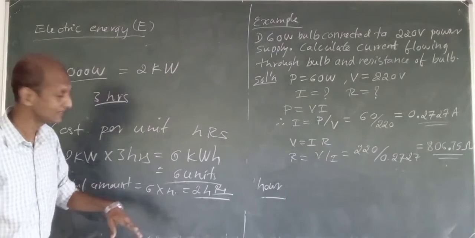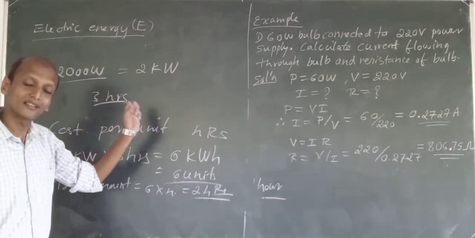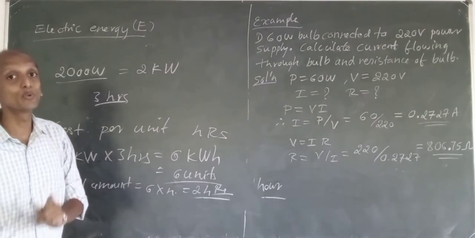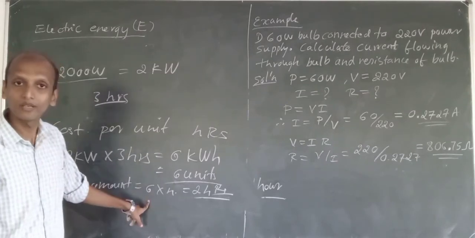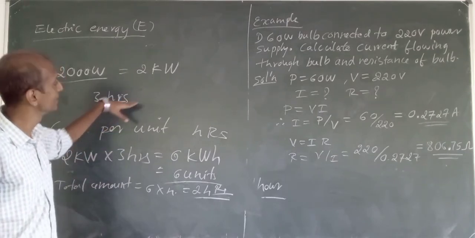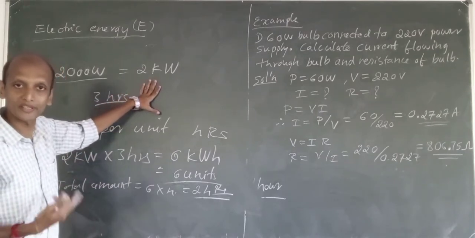Correct? Okay. So if I operate it daily for 30 days, that will give you the 1 month bill. This is the 1 day bill. For only 3 hours I have used this power rating appliance.